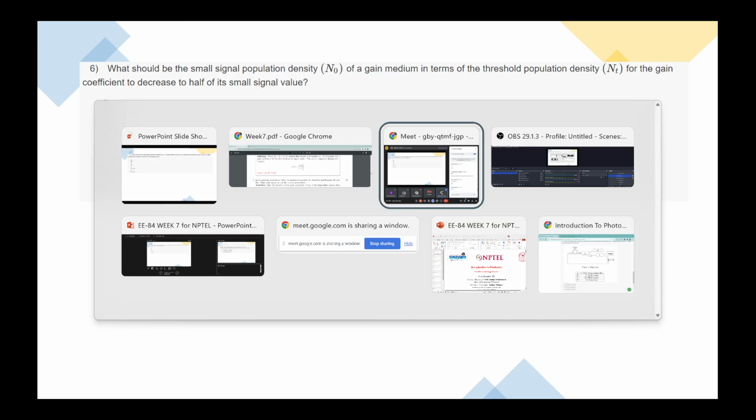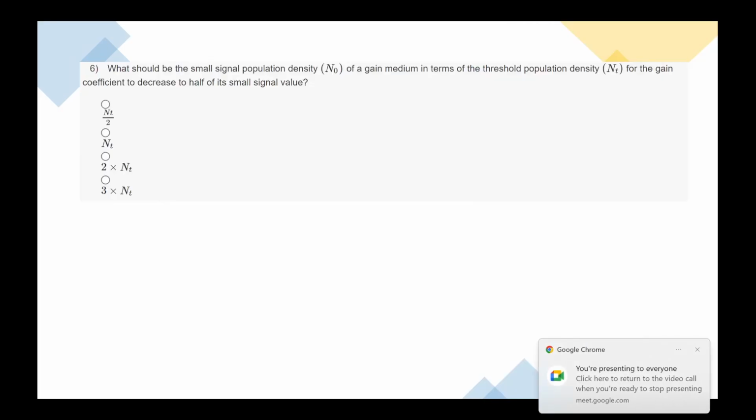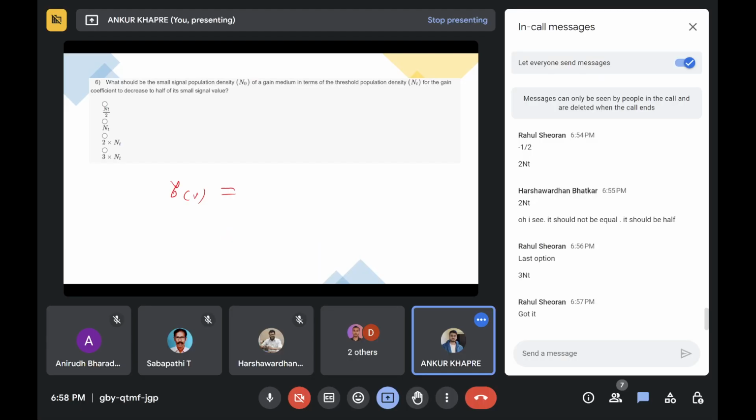Can you tell me? Gain coefficient. Do you know, guys? Can you write it down in the chat box?